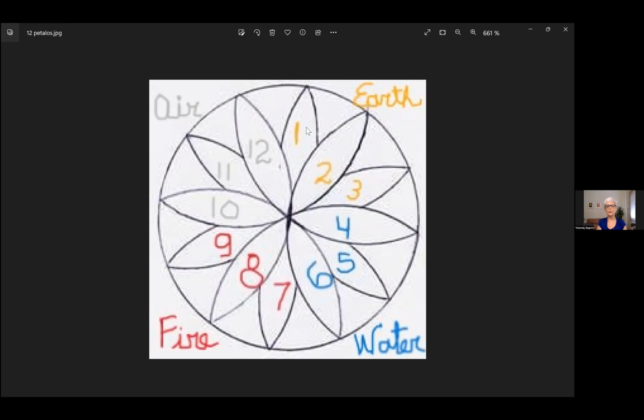Now we move forward to the element of water and the three petals, portals of the soul in the element of water. The first one is called loneliness.